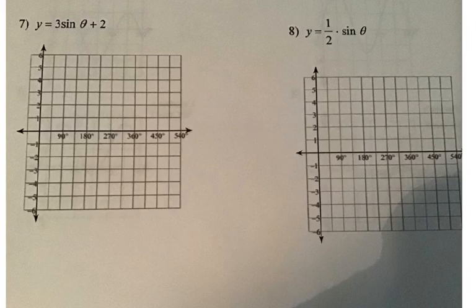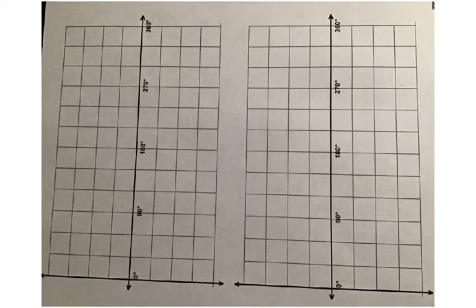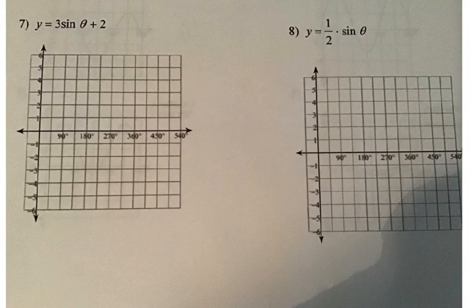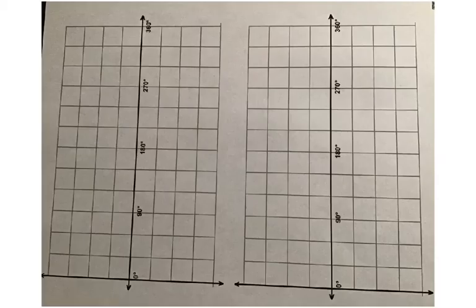Now here's another way you could do this worksheet: you could just maybe print this out. Take a picture of it, print it out, and use that instead of these. It's a little bit bigger squares and everything, but obviously you need 4 of these. So print it, take a picture, print it out twice.